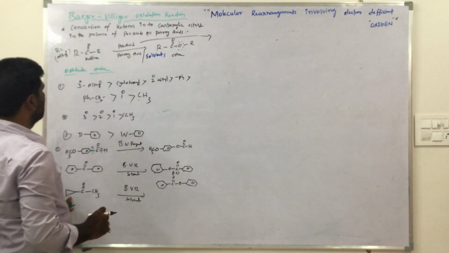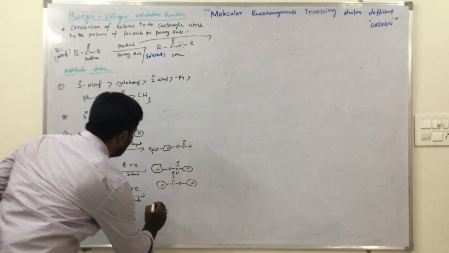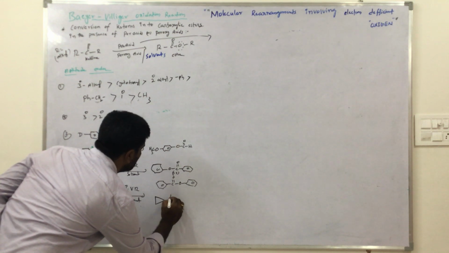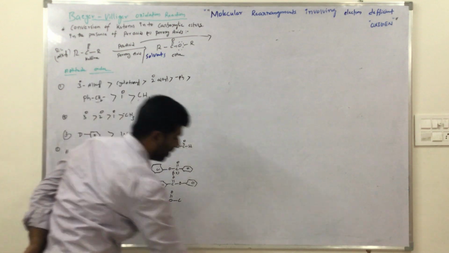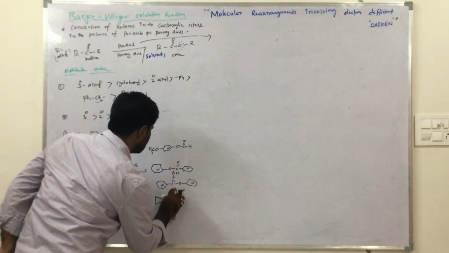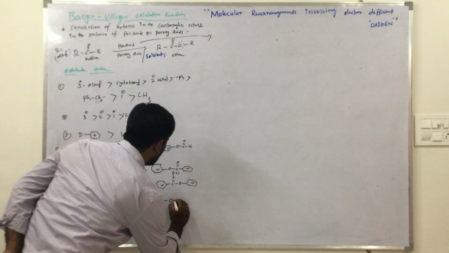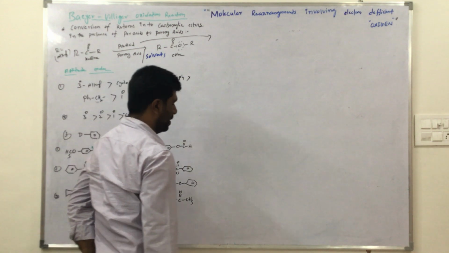This is a cyclic compound, so the cyclic compound has more aptitude power. So the product is O-C double bond O-CH3, right?